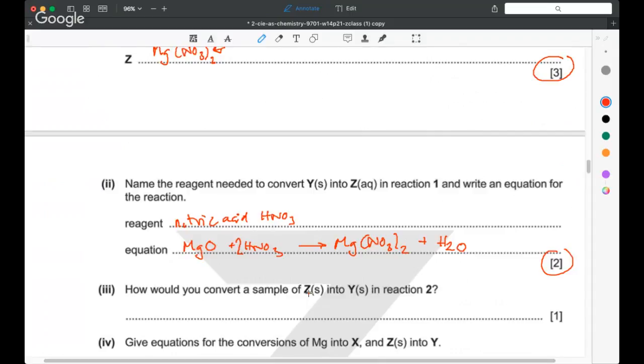Okay, now you've now got to say how you convert this reactant, if it was a solid, back into magnesium oxide.